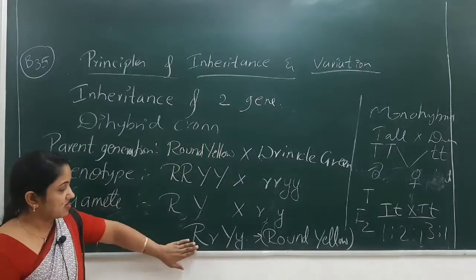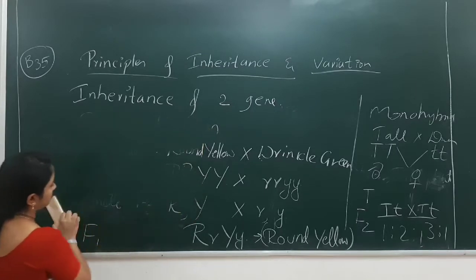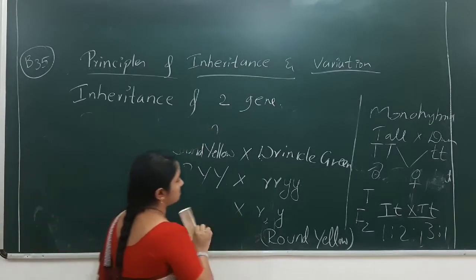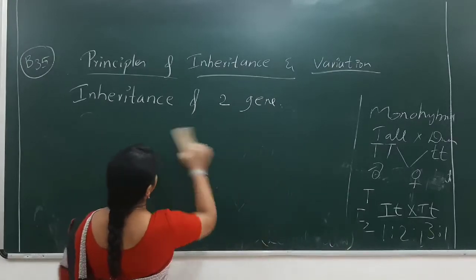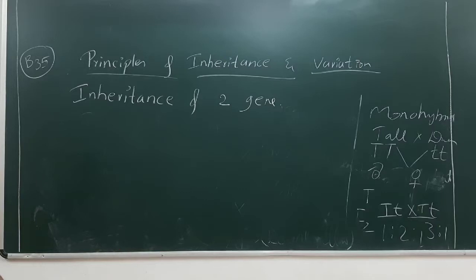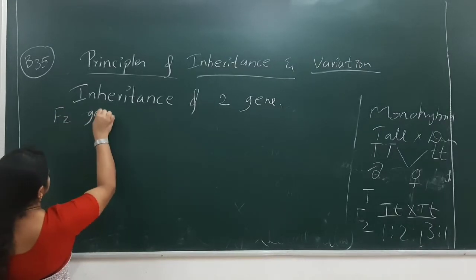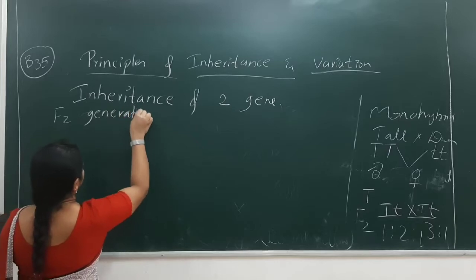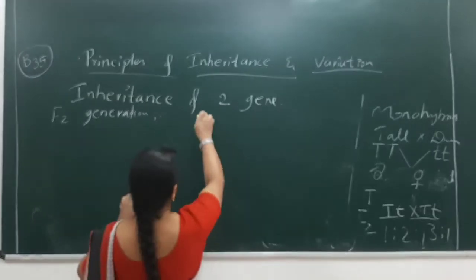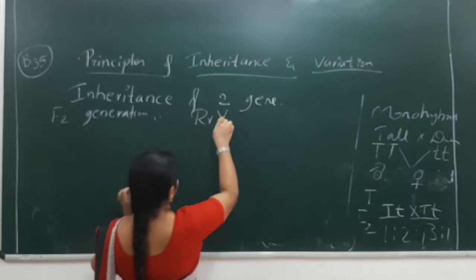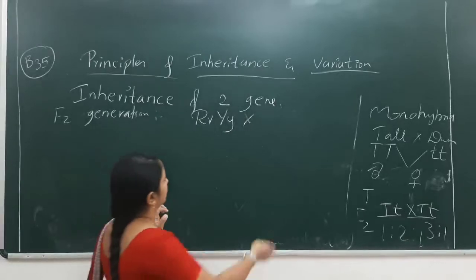So, you have to concentrate more. Here, I am going to write the F2 generation now. F2 generation, the first step is we are going to self pollinate the F1 generation offspring.